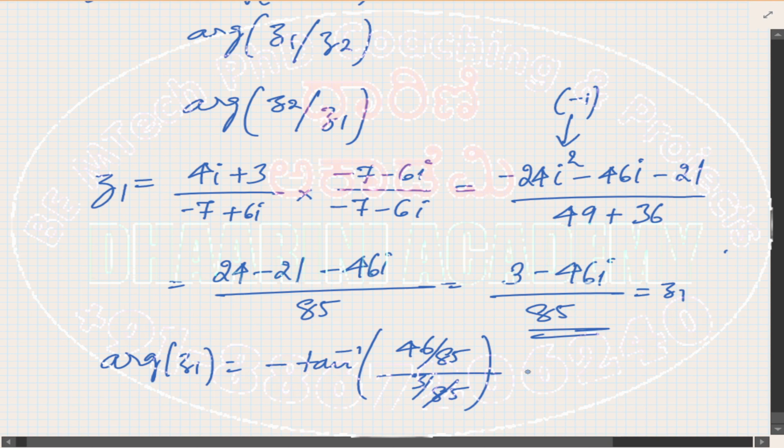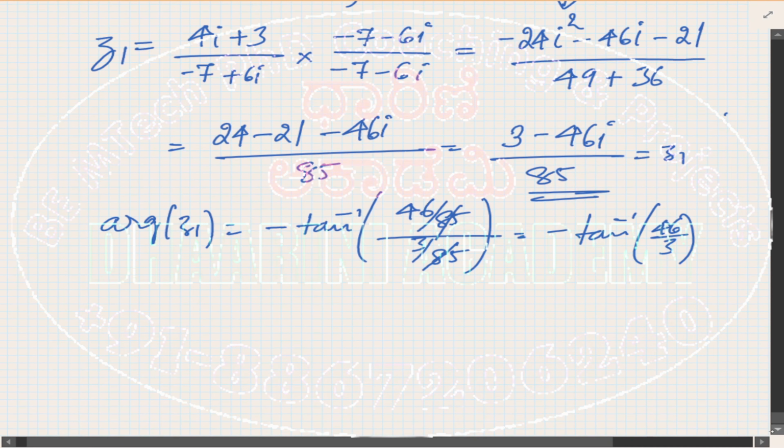So 85 cancels. It is minus tan inverse of 46 by 3, that is 15.3. This is the argument of the first one, Z1.